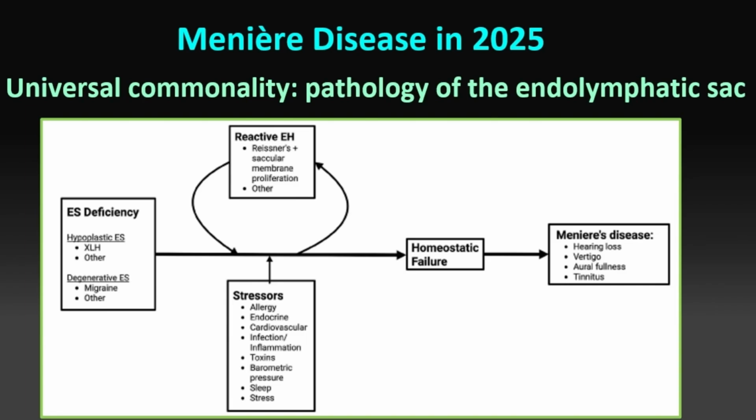So that's the two different endotypes, if you will, the underlying mechanism of disease with the corresponding phenotype, which I will mention now. So either you were born without it, so it's endolymphatic sac hypoplasia, or you were born with it fine, but it degenerated, so it's endolymphatic sac degeneration.